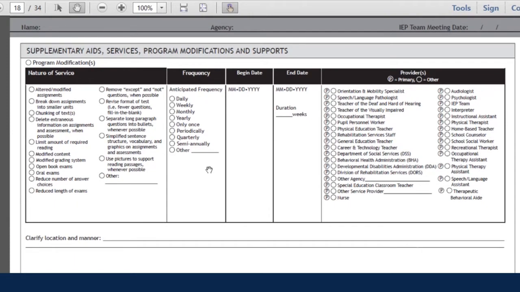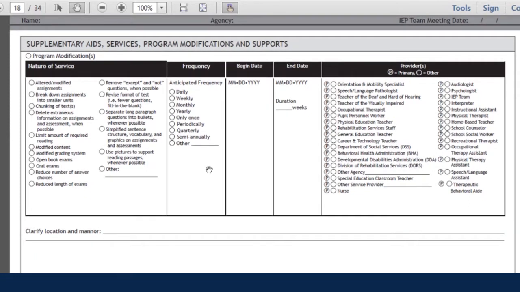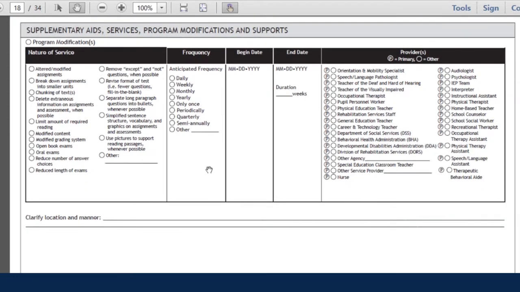Okay, so in the next section, supplementary aids and services, program modifications and supports, they list for you on all of these pages what the different services are that are available to your child. They list the frequency, the start date, the end date, and who is providing the service.